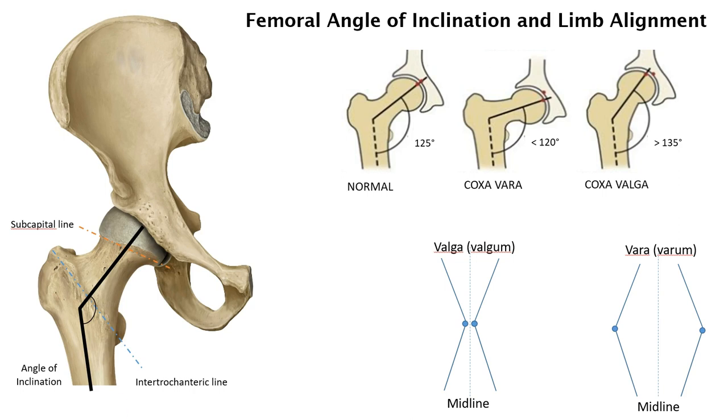For instance, a coxa vera may effectively bring up the femur, causing a limb length discrepancy, or a shorter limb here versus a longer limb here.